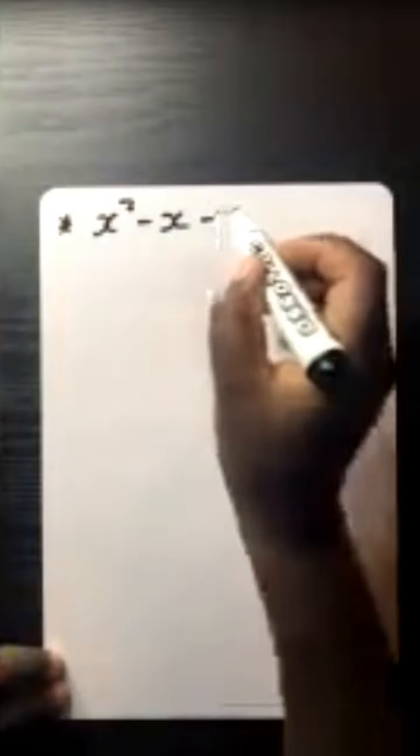So the first equation was x squared minus x minus 6 equals 0.